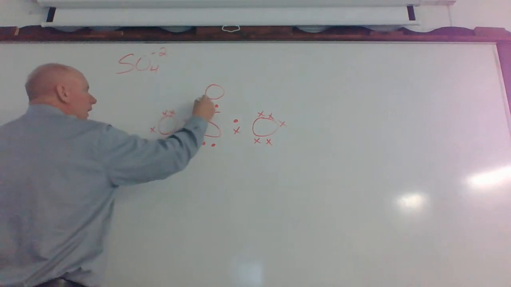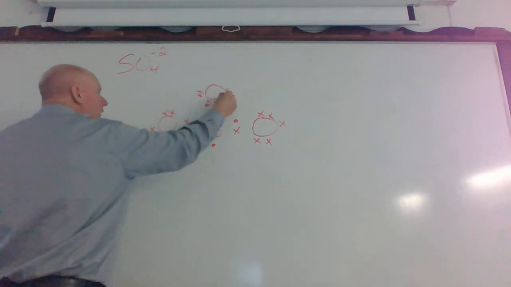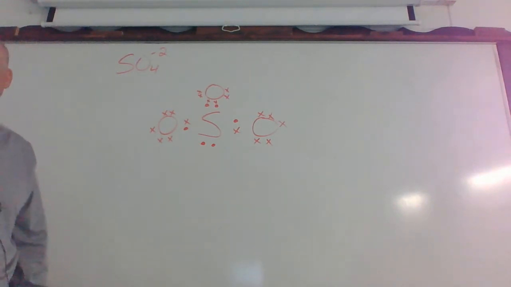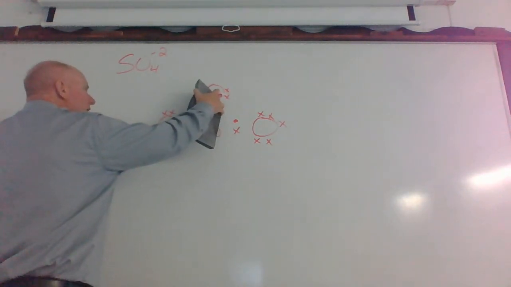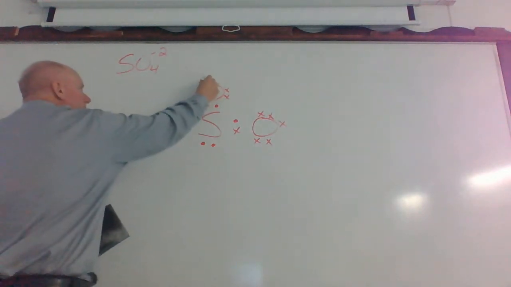Well, if we did that, just for argument's sake, let's try it. How many does that sulfur have around it now? 10, yes. So a double bond doesn't work. So these two bottom X's, what does that tell you to do with them? Put them on top. Okay?